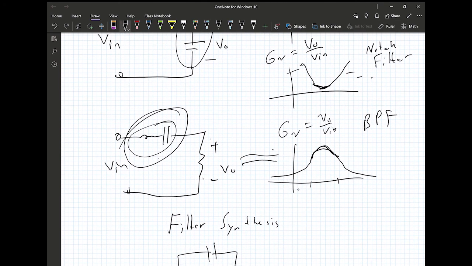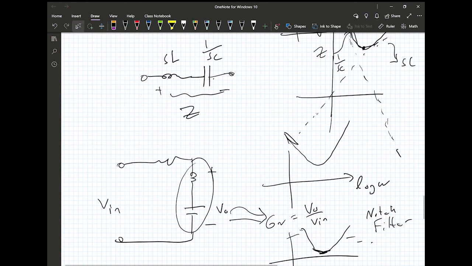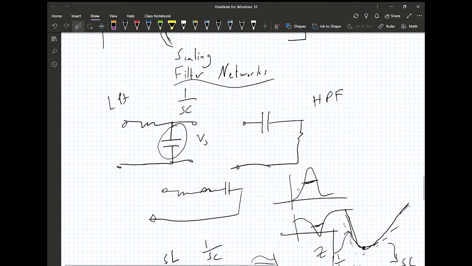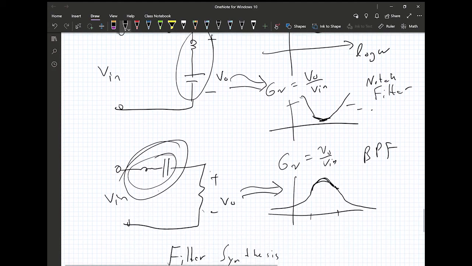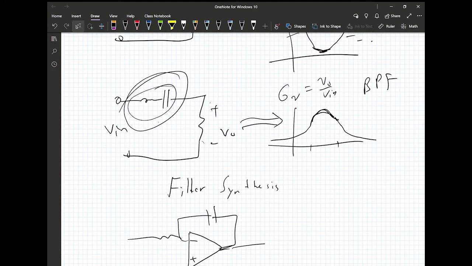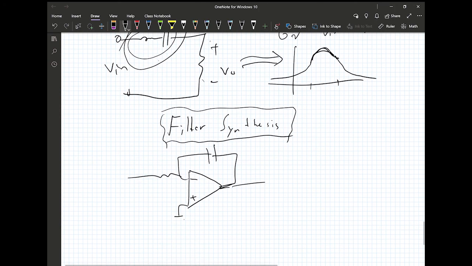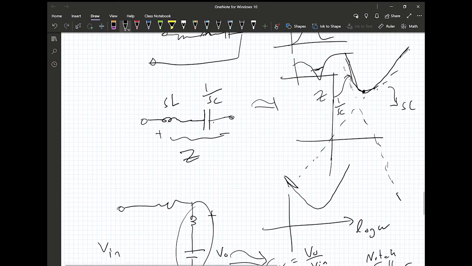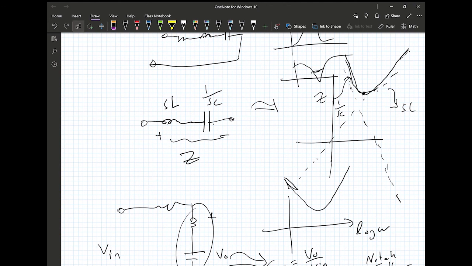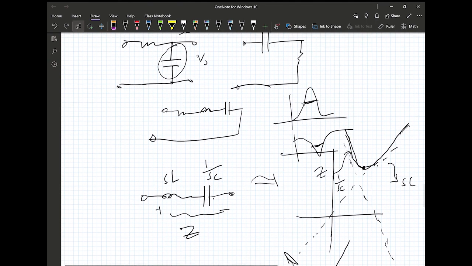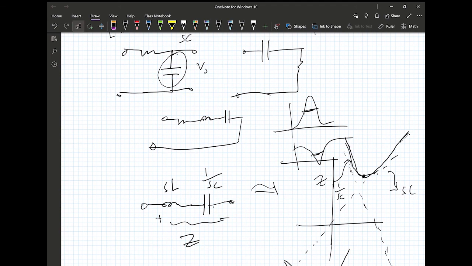Those examples that I've shown you here are only the simplest kinds of filters that you could build. You could build more complicated, higher order filters, and it's a big topic called filter synthesis in analog circuit design. Okay, so this is a big topic, and in this course, even that chapter in the book only touches briefly on it, right? So I recommend you read quickly through that chapter, right?